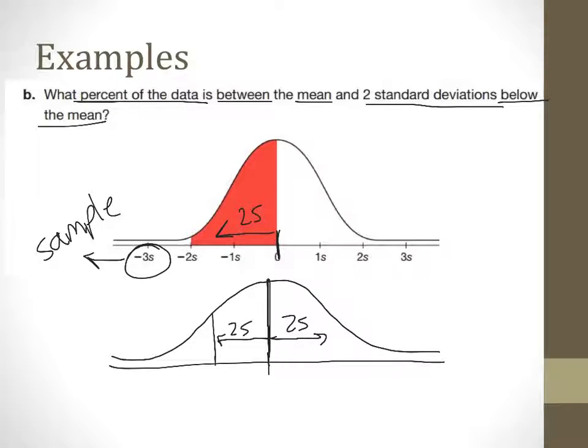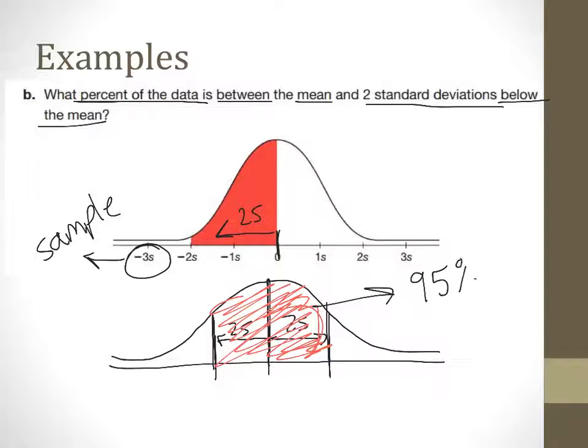When I go 2 standard deviations in both directions, the area inside here, this red area, and hopefully you wrote this down, labels 95% of my data. This entire red area is 95%.